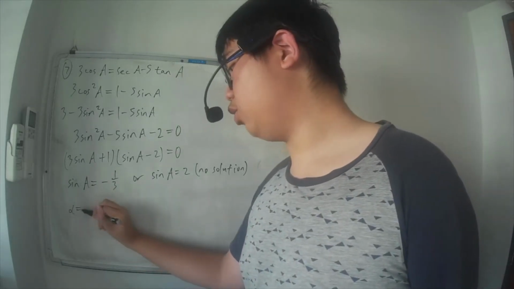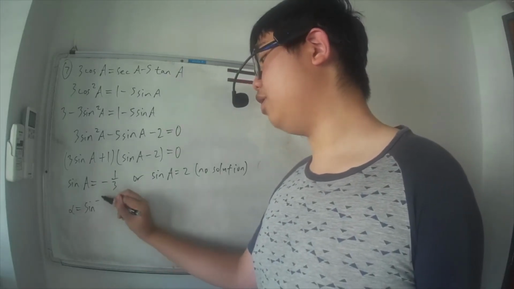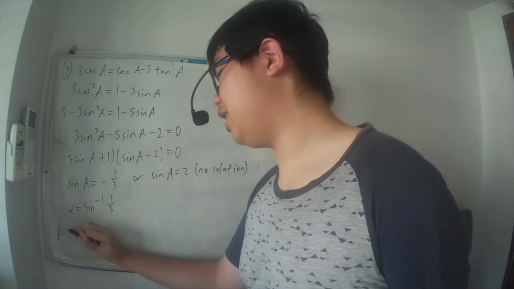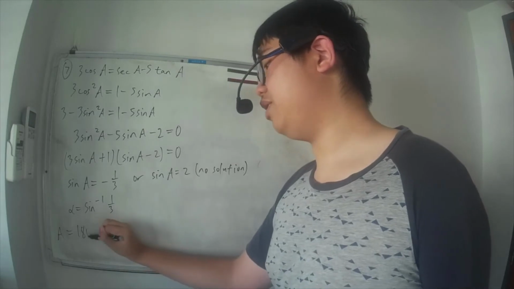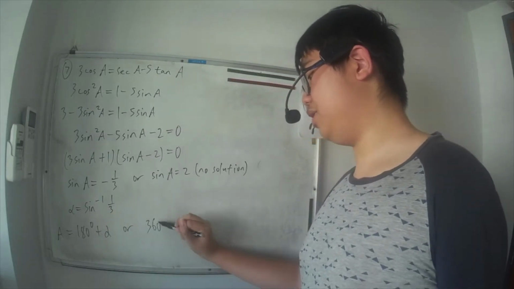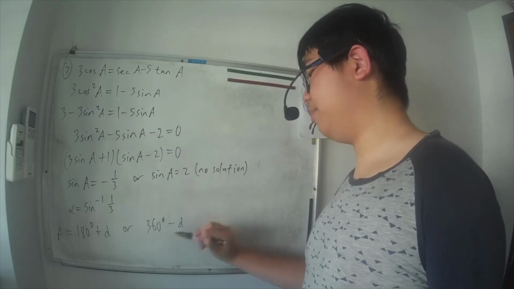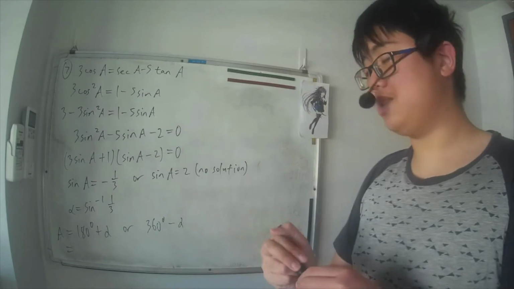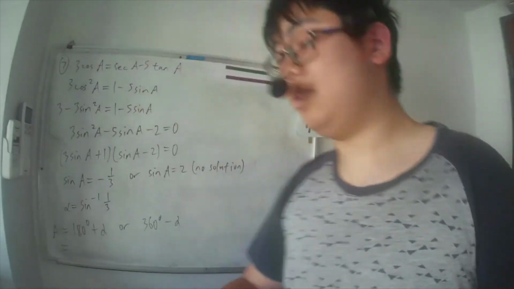Okay, so let's go from here. Alpha is equal to sine inverse of 1/3, and therefore your A is either equal to 180 degrees plus alpha or 360 degrees minus alpha. In each case you will leave your answer to 1 dp because it is degrees.